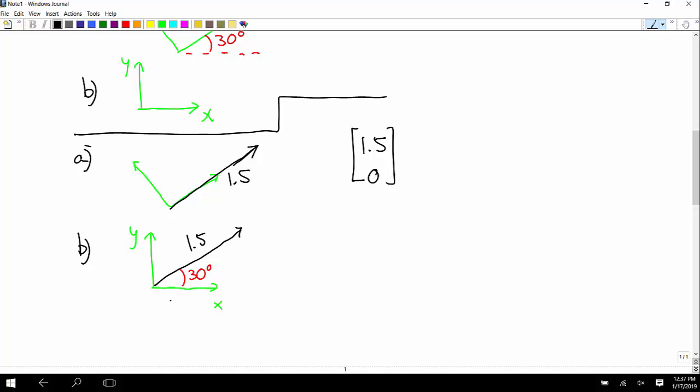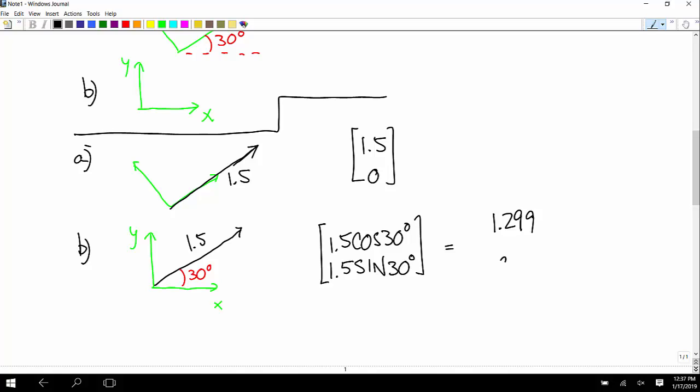And so the components for that one are 1.5 times cosine of 30, 1.5 times sine of 30. And that is 1.299, 0.75. Okay, so the components of a vector depend on the choice of coordinate system. New coordinate system means new components.